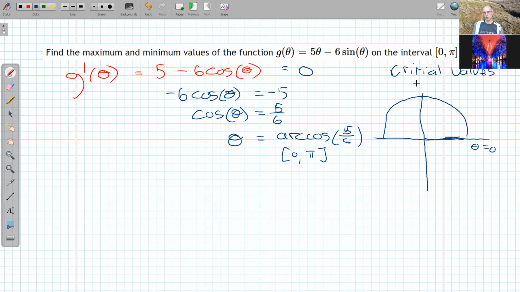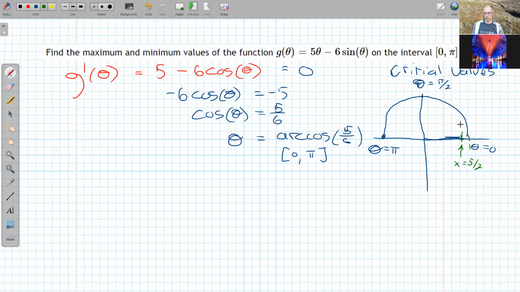Up here is where theta is pi over 2, and way over here is where theta is equal to pi. And I'm looking at the cosine on the unit circle. Cosine is an x value on the unit circle. So then if this is 1 for x way over there, then 5 over 6 is probably about right here. So that right there is x equals 5 over 6.